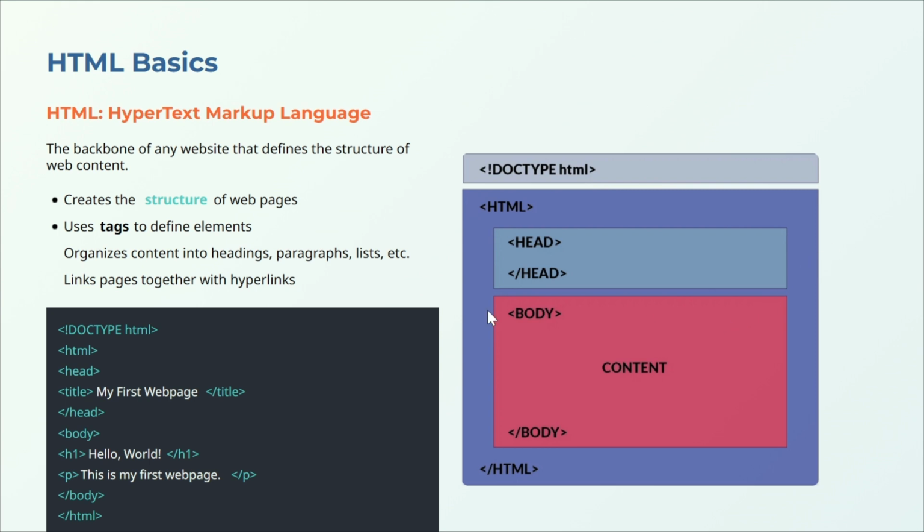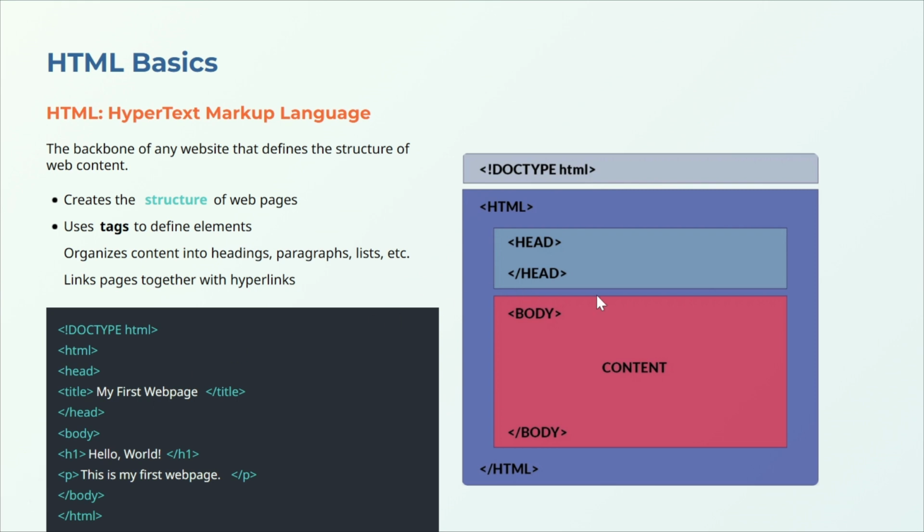In this case, we have the title, which is "My first web page". Then we have the body tag, which consists of the content. We have "Hello world", which is the heading one, then "This is my first web page" as a paragraph.